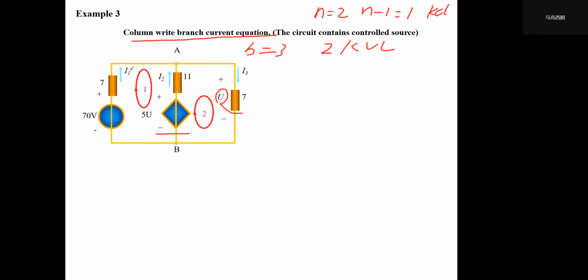And how could we deal with the controlled source? Although we don't know exactly the value of the controlled source, once you have this U who controls the signal, you have this controlled voltage source voltage. So still we list the 2 loops KVL equations.